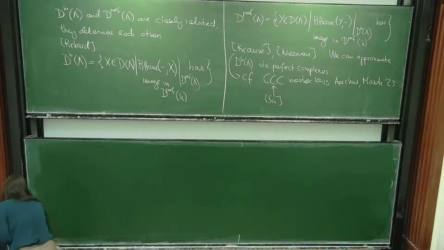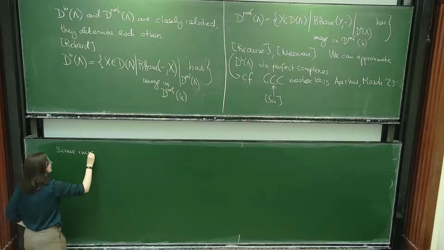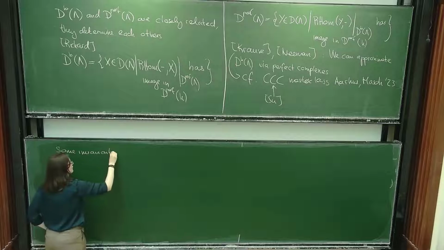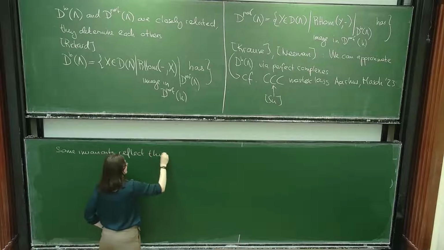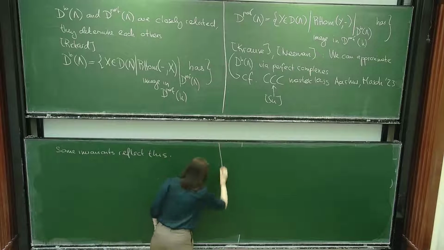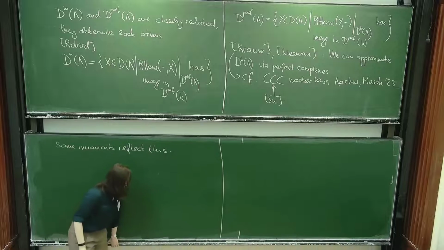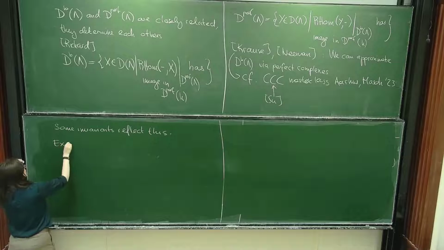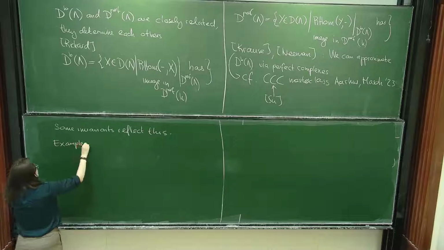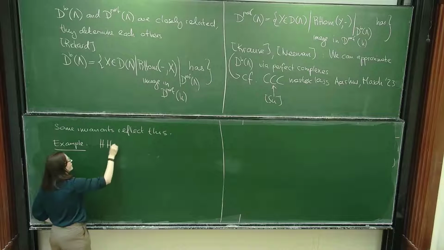So the point is that some invariants reflect this idea that we can get from one to the other in formal ways. As an example, we can look at Hochschild cohomology.